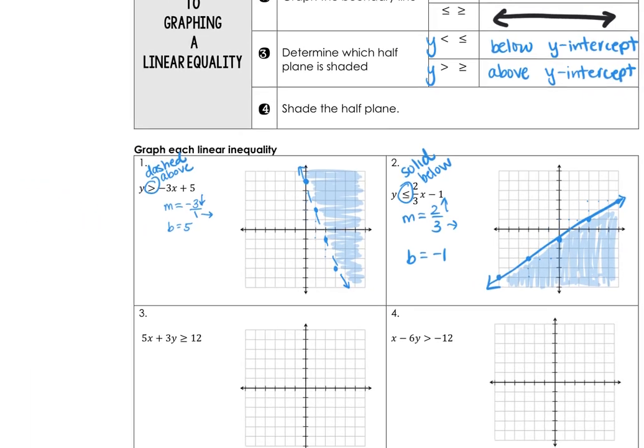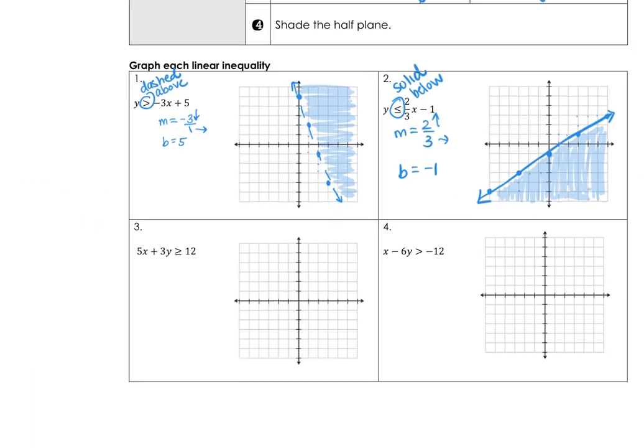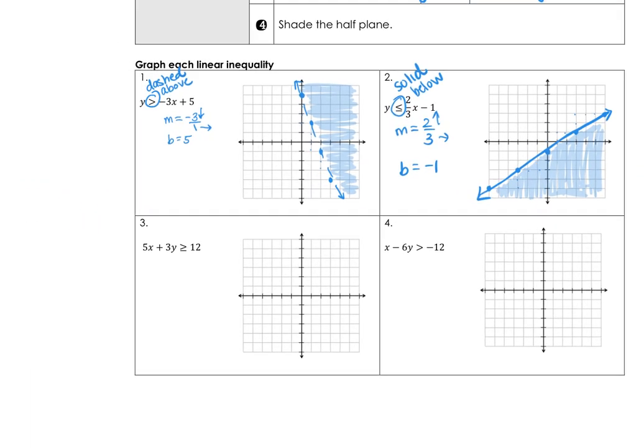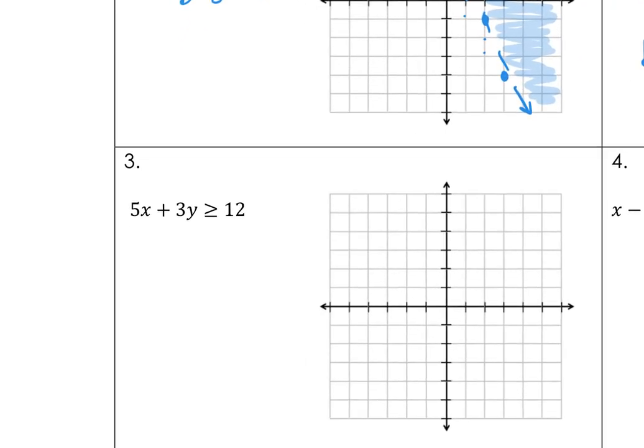All right, the next two are a little different only because we get to practice rearranging. So number 3, I've got 5x plus 3y is greater than or equal to 12. This is not in y equals mx plus b form, so we get to practice rearranging to get y by itself. What do I want to move over first when I'm trying to get y alone?